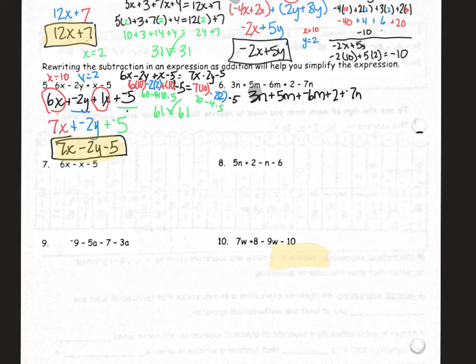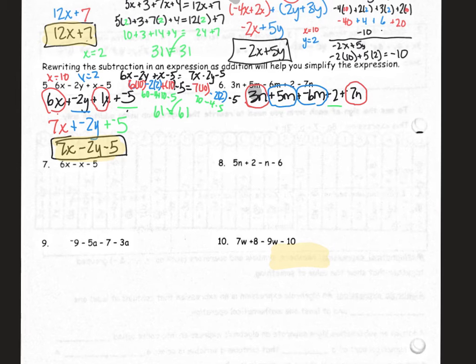And now I'm going to go through and find the like terms. So I have an n here and an n here. And I have an m here and an m here. And then I have a 2 as a constant. So I'm adding everything.